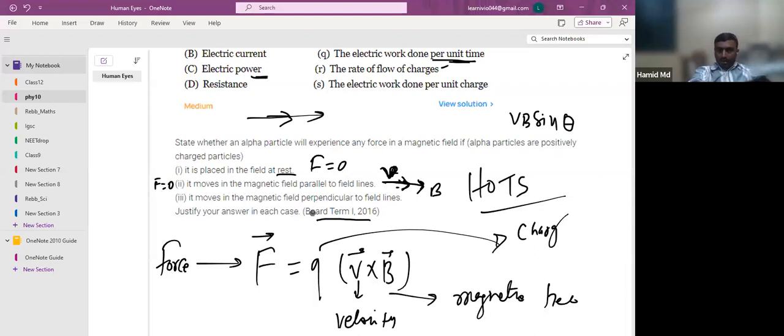Now it says perpendicular to each other. Perpendicular means this is B and this is V and this is 90 degrees. So Madiha, sine 90 is equal to how much? The theta between V and B is 90 degrees. What is the value of sine 90?